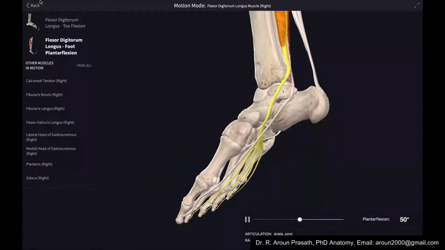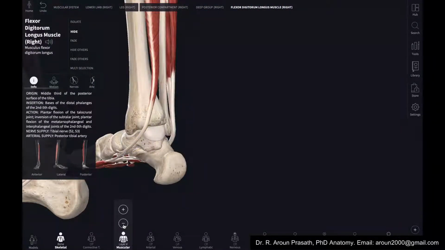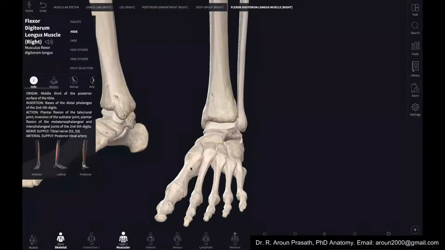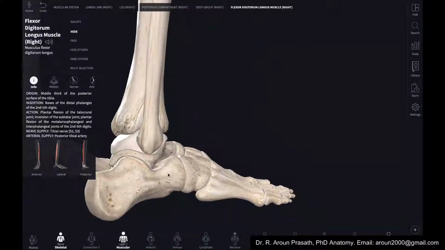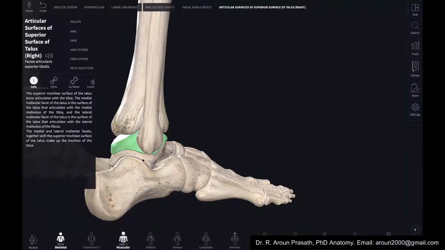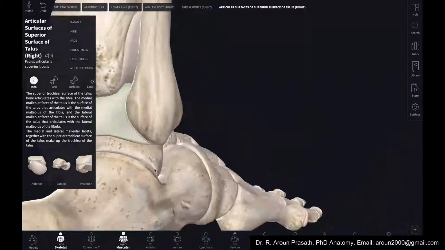Next, there are two other movements called inversion and eversion. This movement takes place in the subtalar joint. What is the subtalar joint? It is the joint between the talus and the calcaneum.